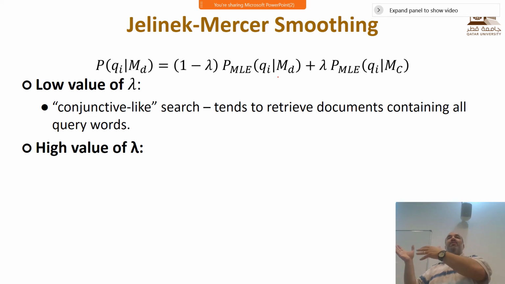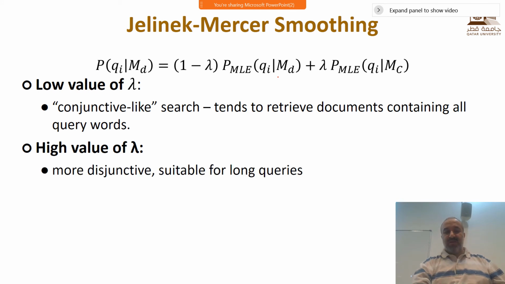Okay, the background will dominate, and the foreground is almost disabled. We'll get a non-zero score. We'll get a higher score. Yes. So it's like ORing in this case.